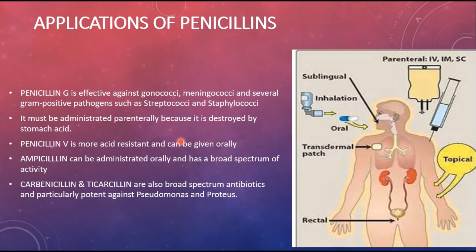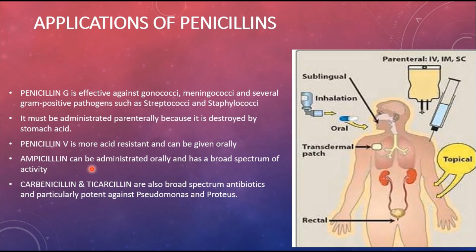As to administration, I told you parenteral means IV, intramuscular or SC, and they can also be taken as sublingual, inhalation or oral. Penicillin V is more acid resistant and can be given orally. But penicillin G can be administered only through the parenteral route because it is destroyed by stomach acid.